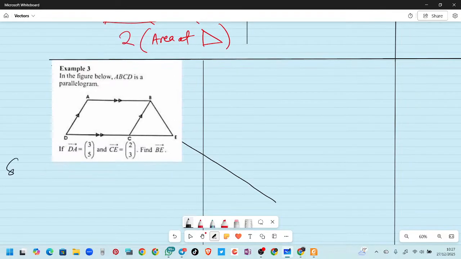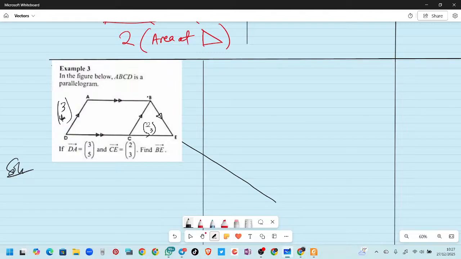Now, below, parallelogram. Find BE. DA is 3, 4, right? And CE is 2, 3. Find BE.